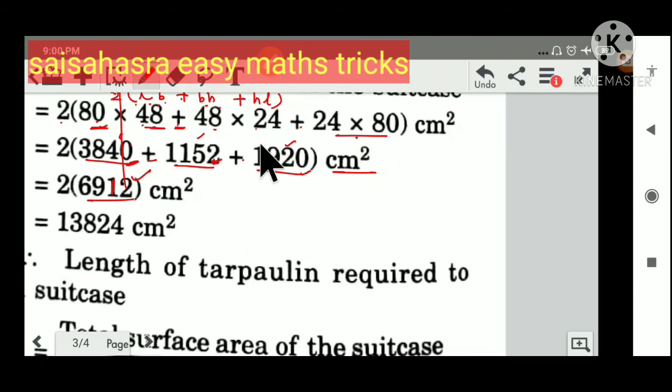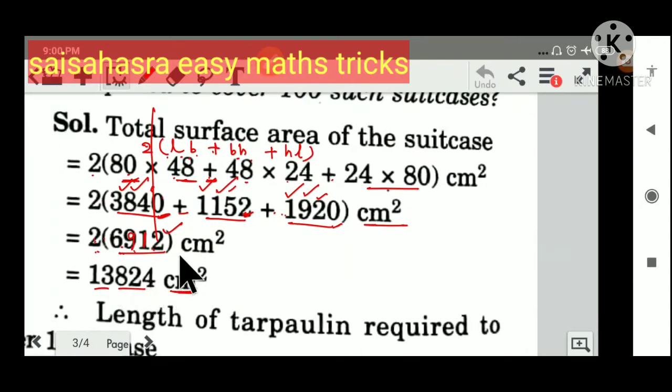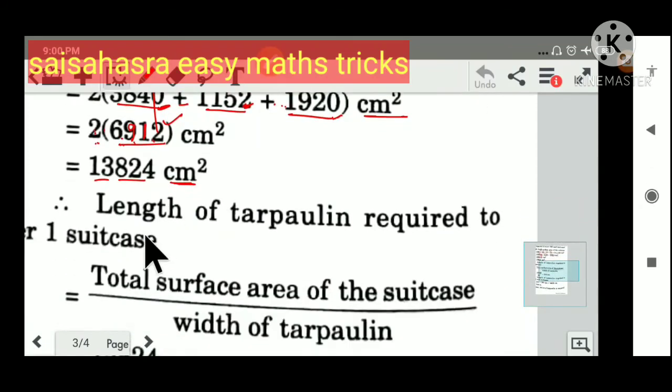So 1 is here, 1 carry over; that 1 plus 9 is 10, plus 1 is 11, plus 8 is 19. So 9 here, 1 carry over; that 1 plus 2, plus 1 is 3, plus 3 is 6. So 6,912, and before that 2 is multiplied. When you multiply these two, you get 13,824 centimeter square. So the total surface area of the suitcase is 13,824 centimeter square. This much area of tarpaulin cover is required.